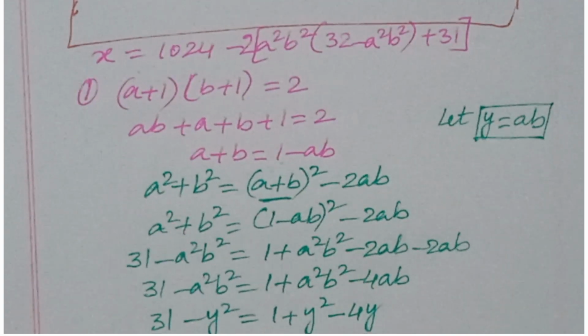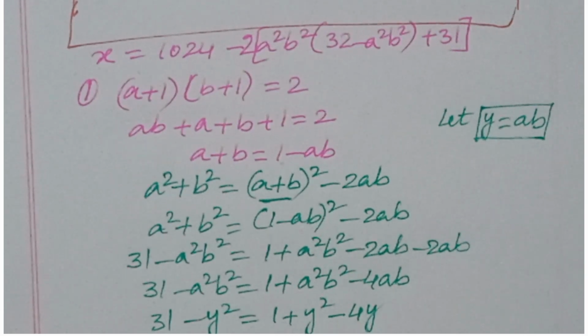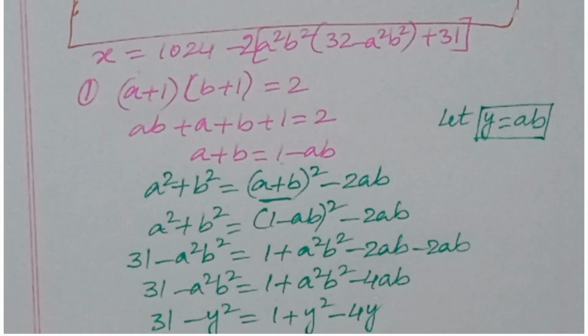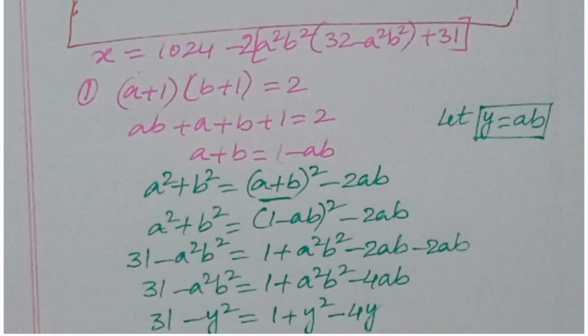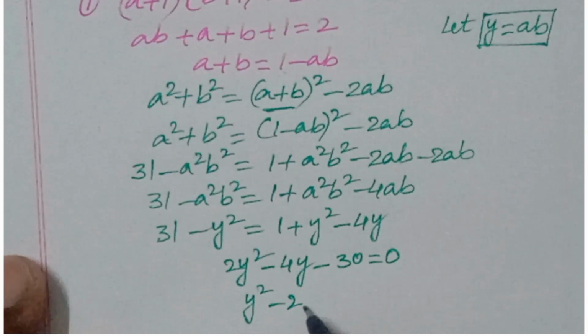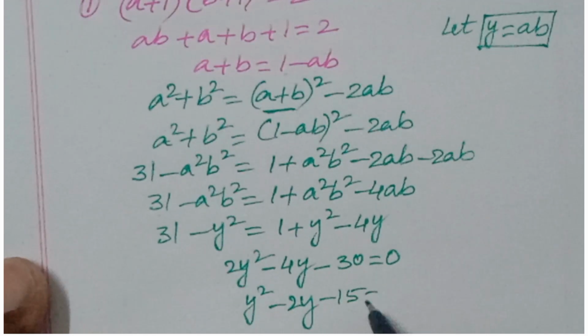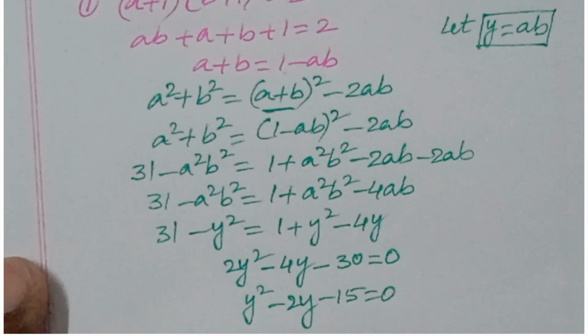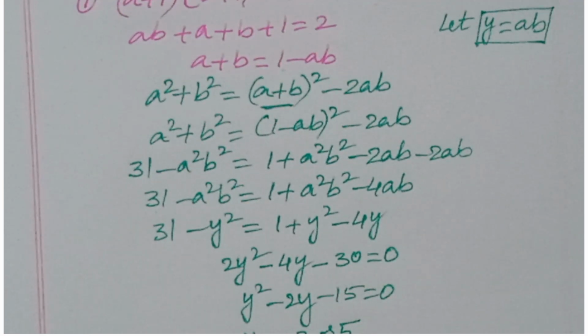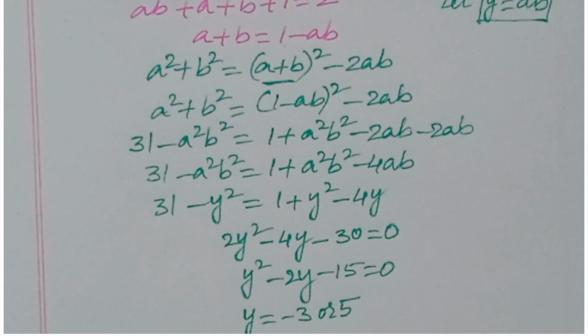If you solve this, 2y square minus 4y minus 30 is equal to 0. Y square minus 2y minus 15 equal to 0. So if you find the factors, y value will be minus 3 or 5.